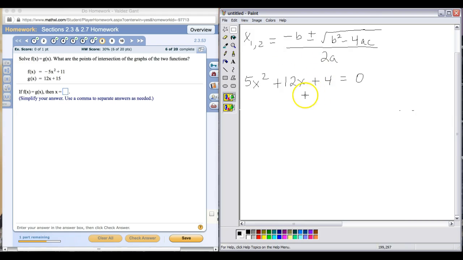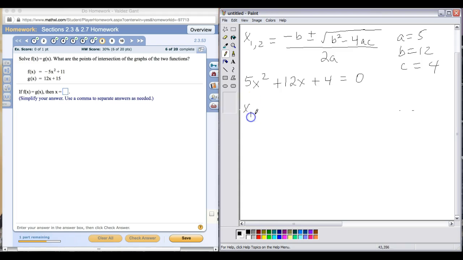So if we have our equation here and we go ahead and solve that, we know that in this case our a is going to be 5, our b is going to be 12, our c is going to be 4. So we just go and plug all that stuff in.